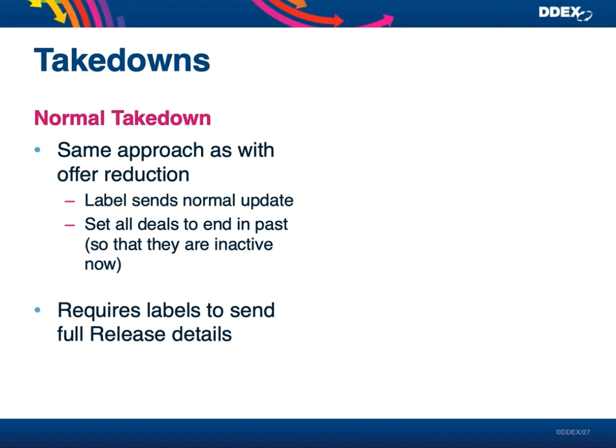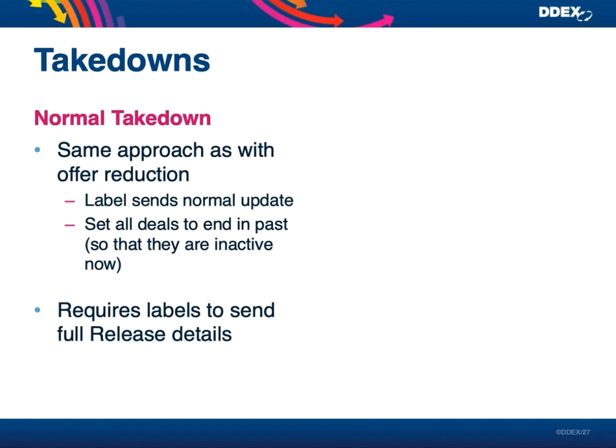So, takedowns. Usually what happens is a record company says, this content needs to be taken down. A DSP must stop distributing the content, quite often because there is some kind of a legal dispute going on. Usually, remember, we have this statement of truth operation. You just send a normal ERN message with all the metadata. You don't need to send the resource files, but with all the metadata, just without a deal.